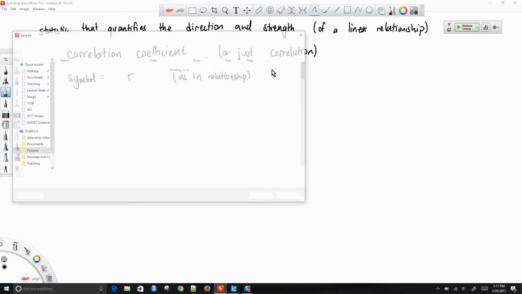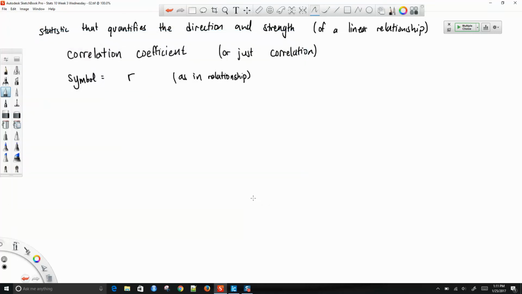And the correlation, let me just say this. The correlation is just the result of plugging some values into a formula. So the correlation can be calculated for any data set with two numeric variables.